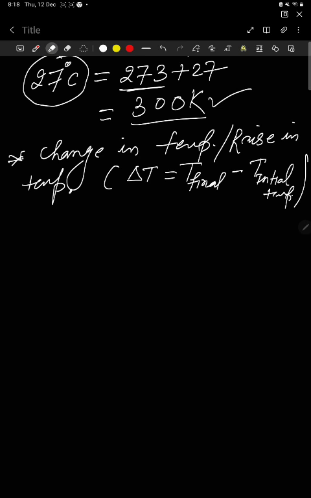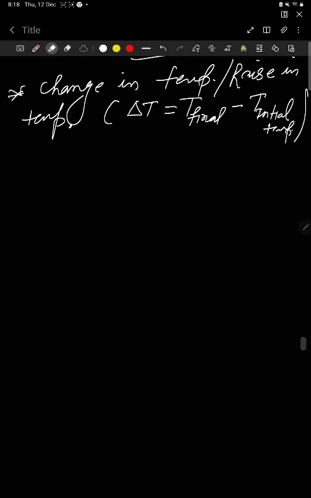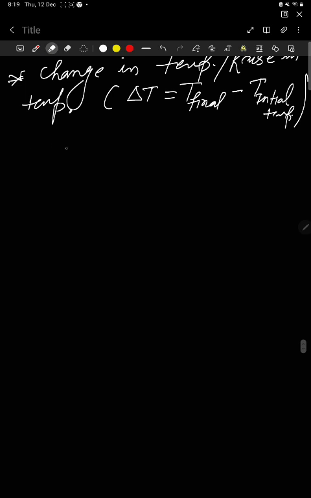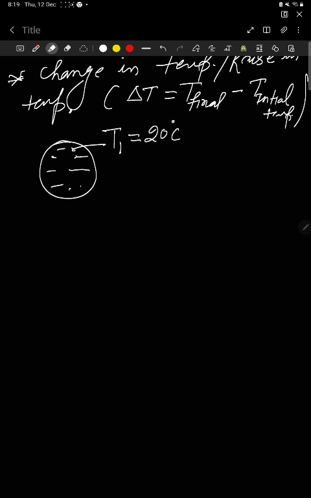Look, suppose we have one body, and suppose its initial temperature is T1, so T1 is equal to 20 degrees Celsius.